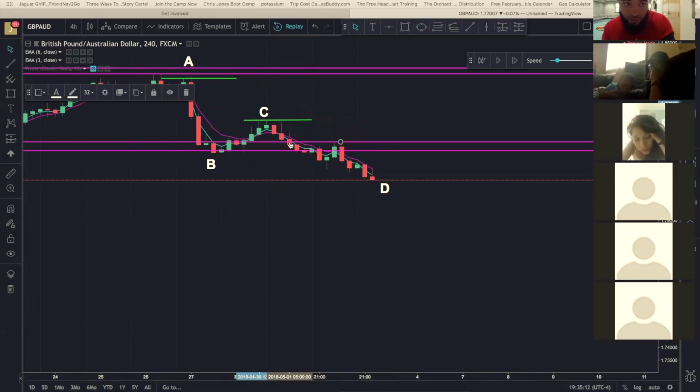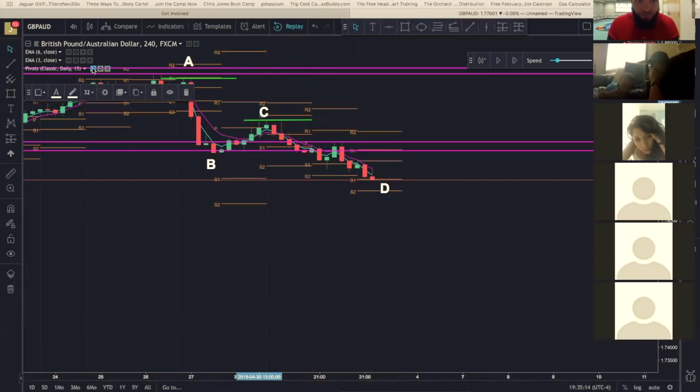It crossed. Okay. It hit right at our pivot. So that's my pivot points. Okay, I got a video that you guys can watch called my pivot point strategy. Okay, so it reversed right at the pivot point. It left a big wick right here.